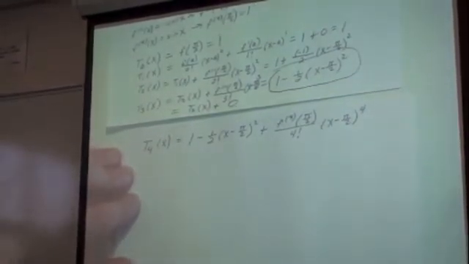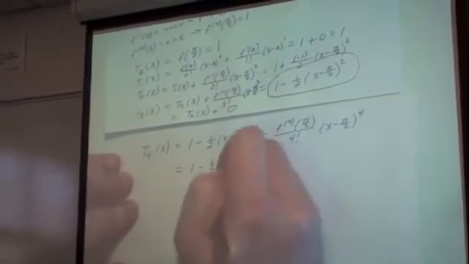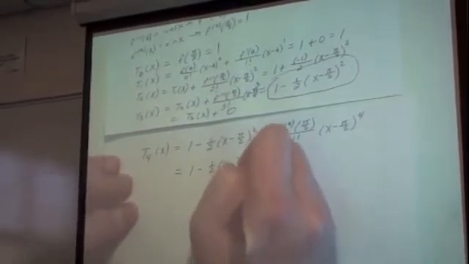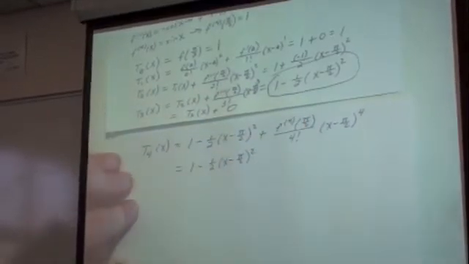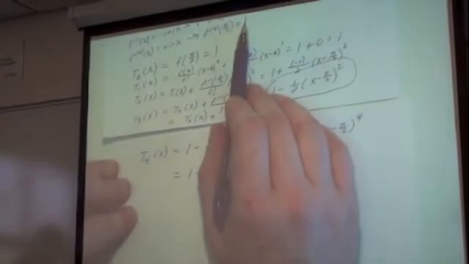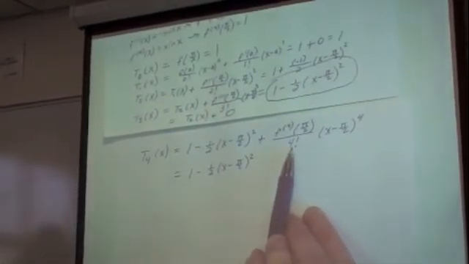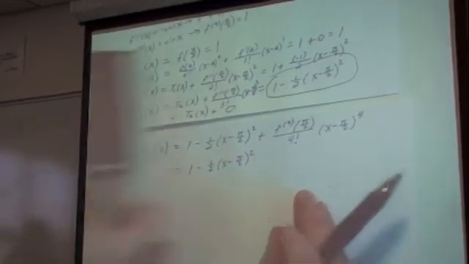So I already know, well, this is going to combine to be 1 minus 1/2 times x minus pi over 2 squared. The fourth derivative evaluated at pi over 2 is simply 1. So this becomes 1 over 4 factorial. 4 factorial, you can see on the board there, is 24.